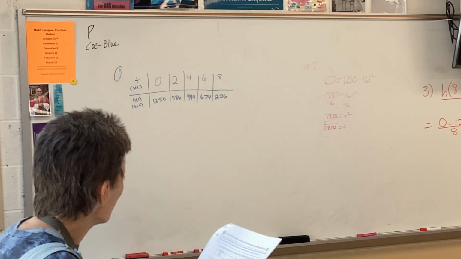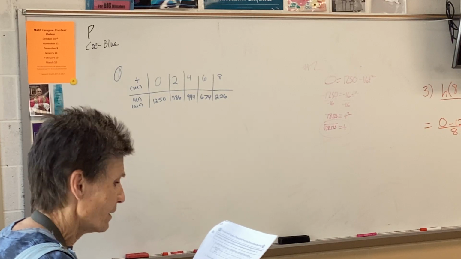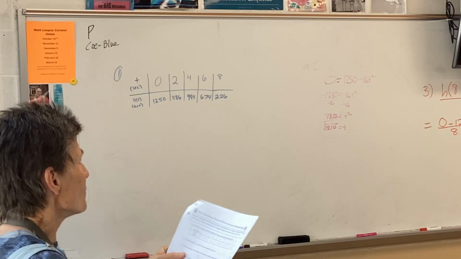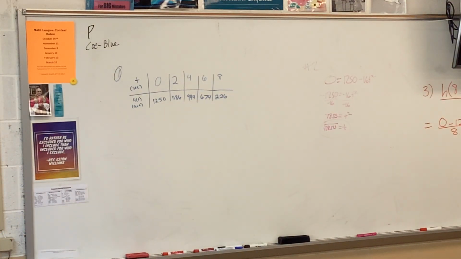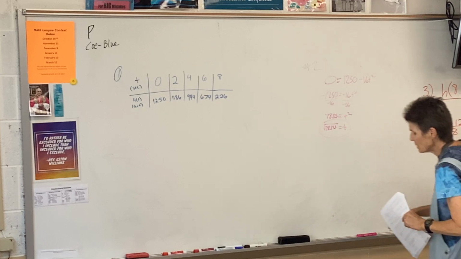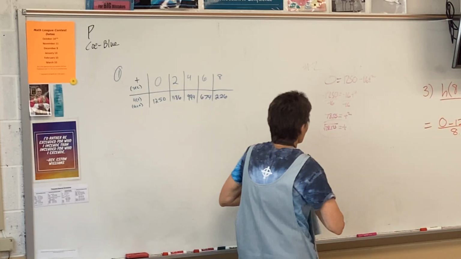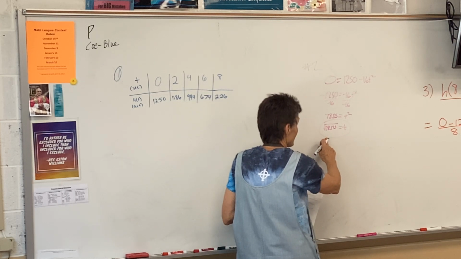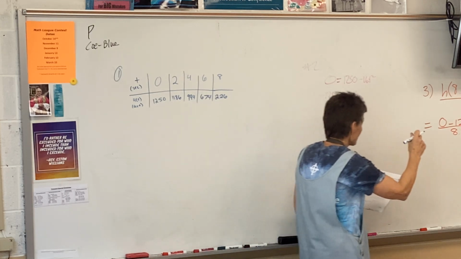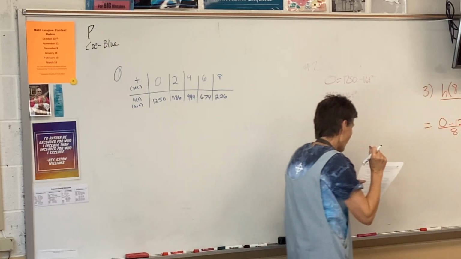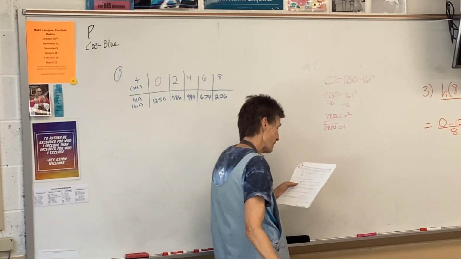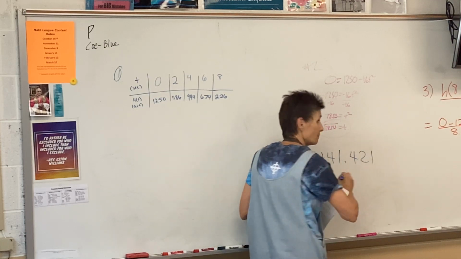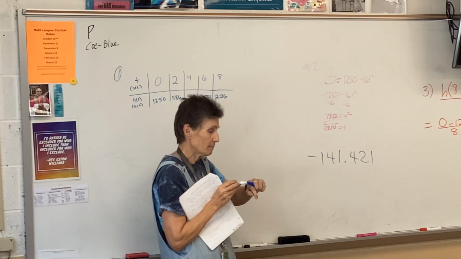All right, and then negative 141. This is one of those times, Sam and everybody else, where we really have to be careful. So this is the exact value. This is the rounded off value. When I did it with the exact value on my calculator, I got negative 141.421. See how it's off a little bit?